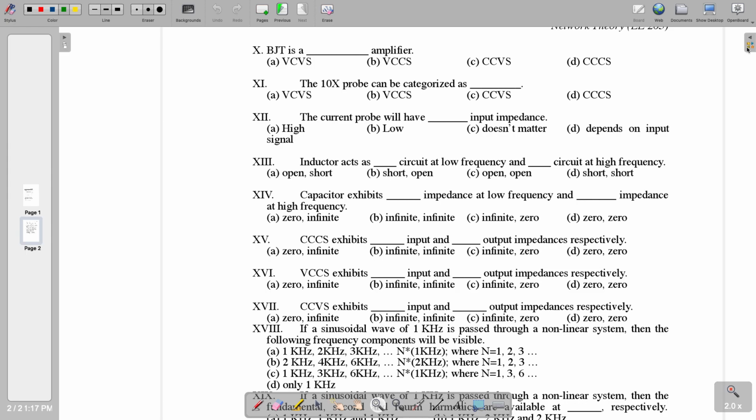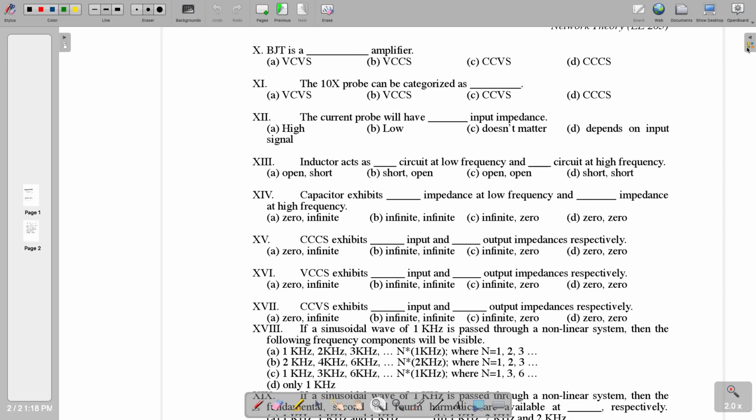BJT. Okay. So BJT is which kind of amplifier?